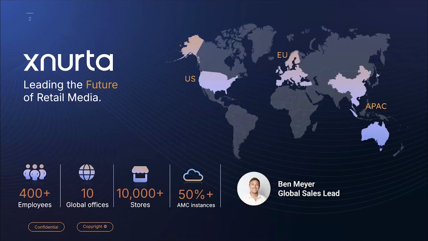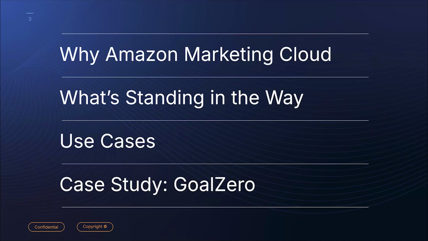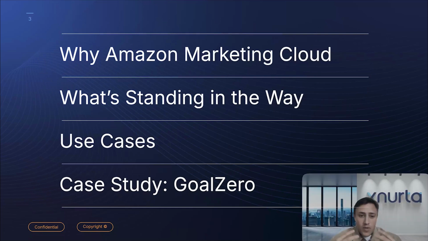A little bit more background about us. We are a global company, so we have support and a presence in every region that you're selling on Amazon. Over 50% of the global AMC instances are actually managed by XNURTA. We take this expertise and have distilled it into a no-code solution that sellers everywhere can easily use to pull insights, audiences, and data from AMC without having to write a single line of code.